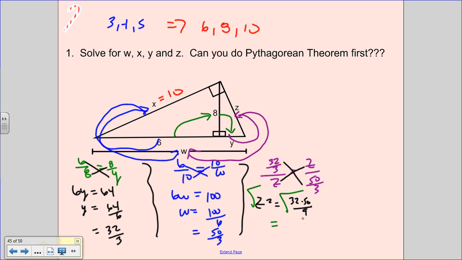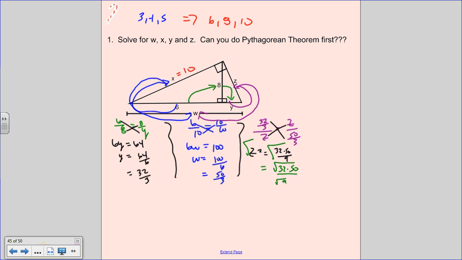When you have a fraction under a square root, you have to separate the square root sign into 2. So square root of 32 times 50 over the square root of 9. Now I have to look for my twin pairs. Up top, 32 can be broken into 16 times 2, or 4 times 4, which is 16 times 2. 50 could be broken into 5 times 5 for 25 times 2.